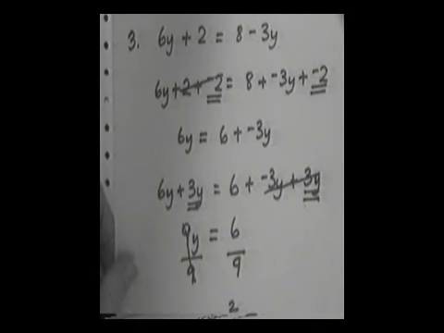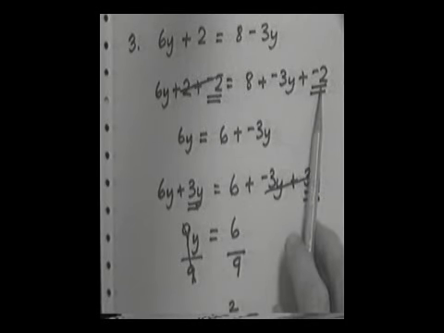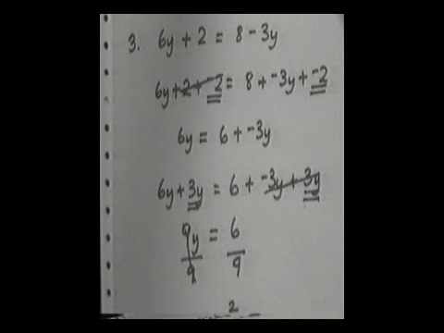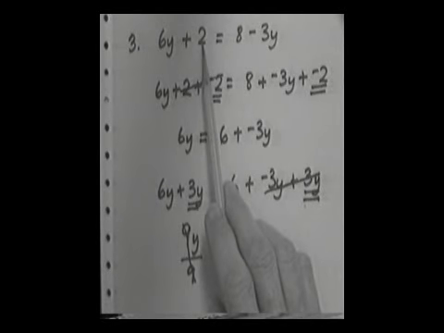Before we check this, let me go back through to be sure you understand the order of the steps that we take. We begin by using the addition property. We add the opposite of a term we want to remove. I chose to remove first the 2, the constant on the left.